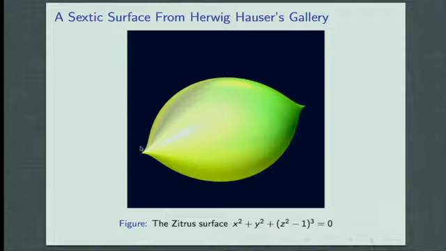There are beautiful galleries on the internet. In Germany, they had the year of mathematics. There are beautiful galleries of singular algebraic surfaces, such as this citrus surface, and there the algebraic degree of the boundary will be much smaller.